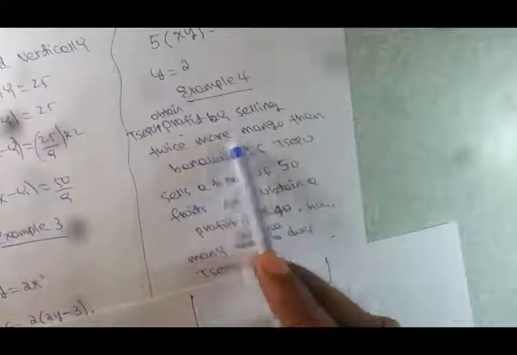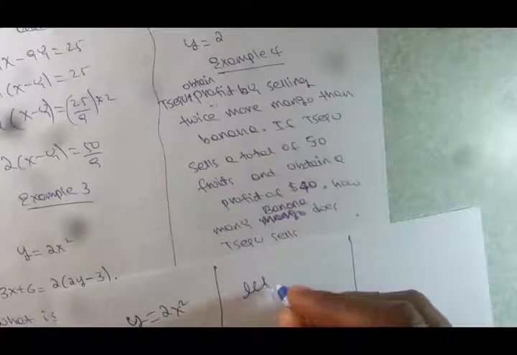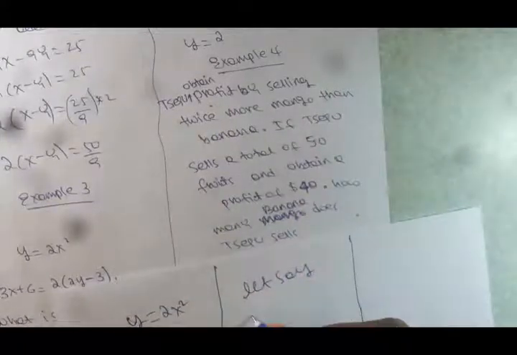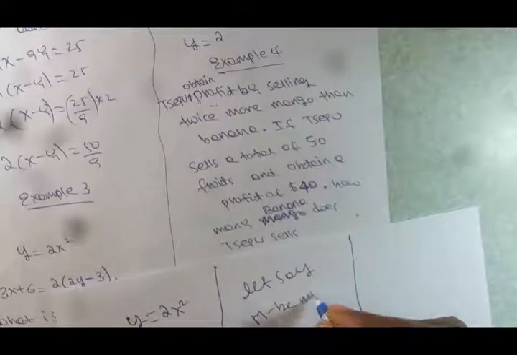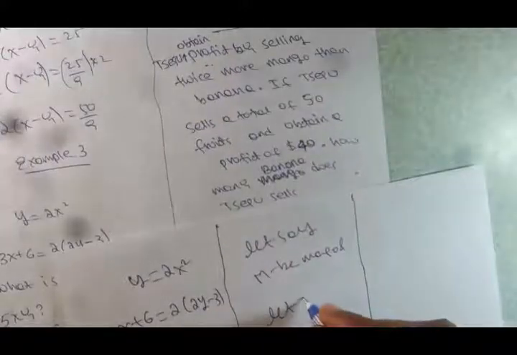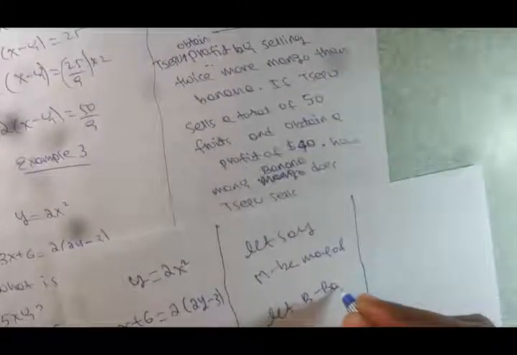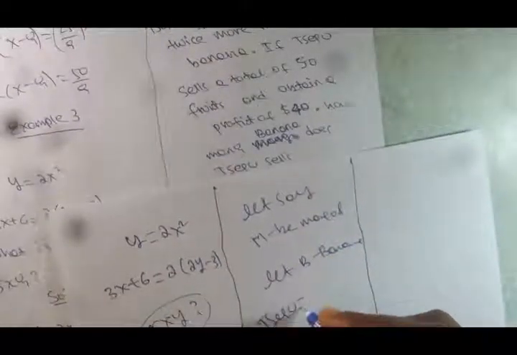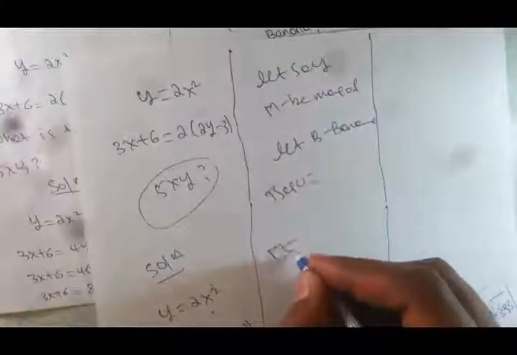Tsagu obtains profit by selling twice more mangoes than bananas. So let's say M is mango and let B be banana, and Tsagu gets a profit by selling twice more mango. Therefore mango is equal to twice of banana.